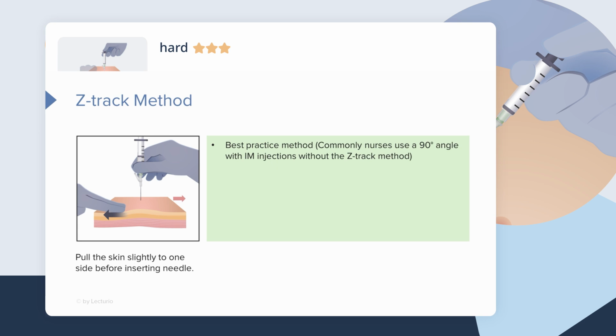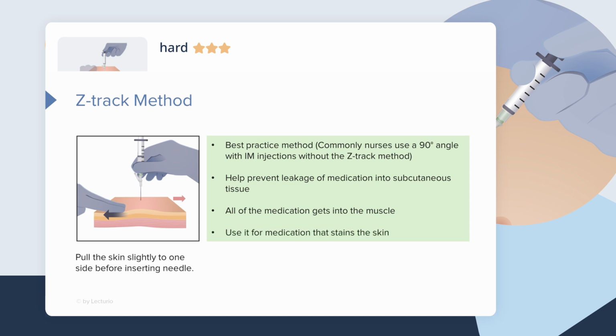Now, it really is best practice to use this method. The reason why we use this method is to help prevent any leakage of meds into the subcutaneous tissue. The theory is that you're going to get all of the medication into the muscle, and you're commonly going to use it for meds that may stain the skin, for example, such as an iron intramuscular injection.